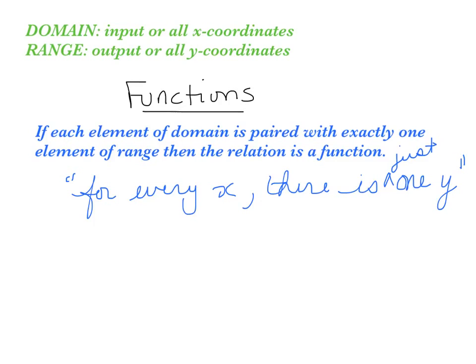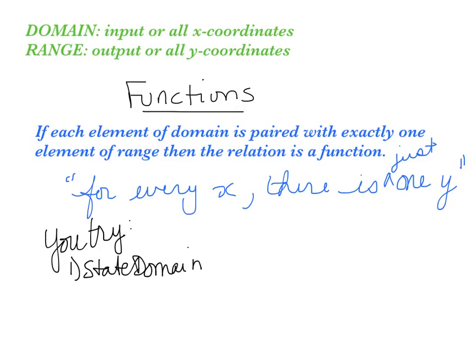So let's try some of these things for yourself, and I want you to try these problems. Okay, so you try this one. I'm going to give you a relation, and you're going to answer 3 questions. You're going to state the domain. You're going to state the range. And then you're going to tell us, is it a function or not? Or maybe it's just a relation.